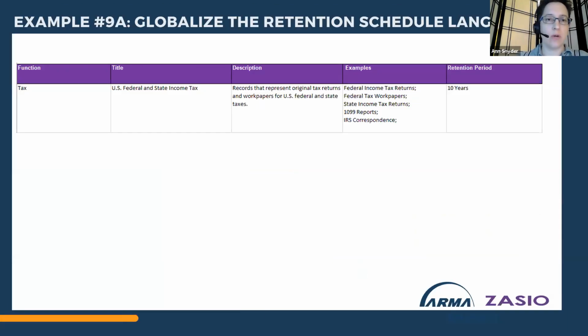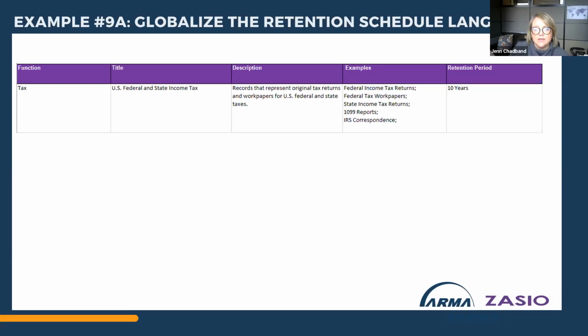So this is another issue related to globalizing the retention schedule, but here we're looking at the language and generalizing the language. Can you explain what's happening here? Yeah, I can explain this. I think we can go through this fairly quickly. An example here: simplifying your retention schedule, making sure that it speaks to all end users for a global retention schedule.